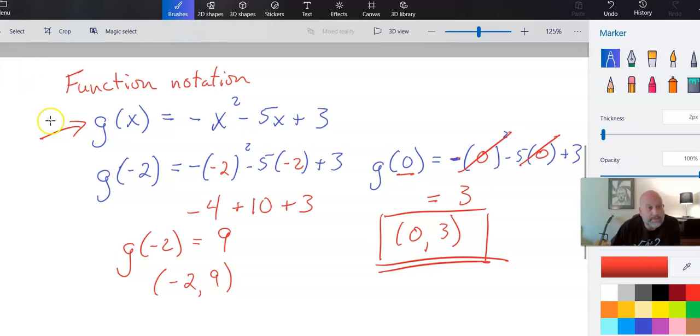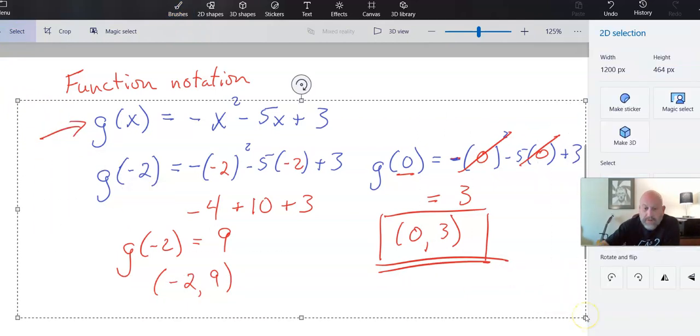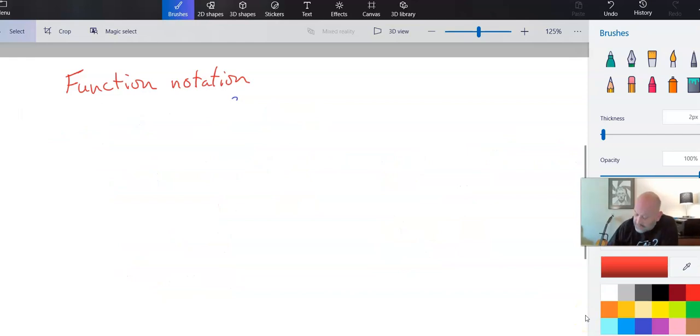Now, so let's talk about a few more things here. Now, what this is actually leading us into is being able to graph. Excuse me. So let's actually just pick a function and graph it and see what happens.